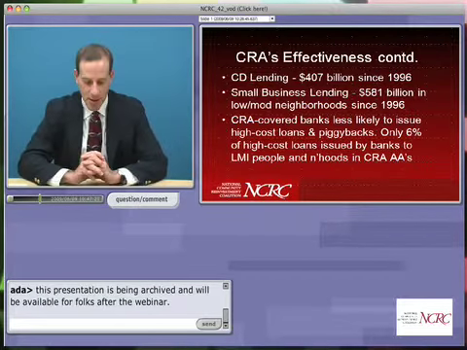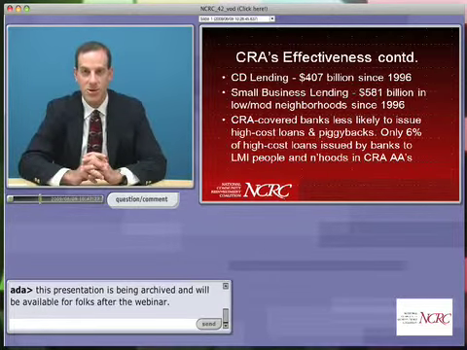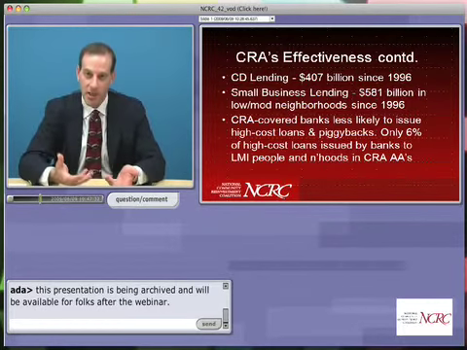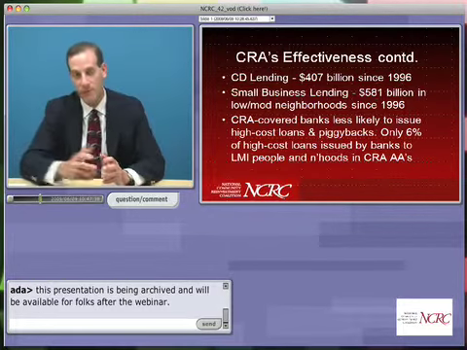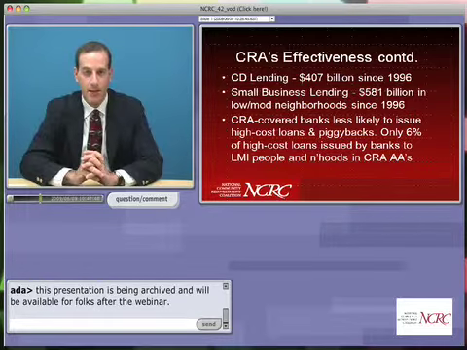That's great. So, just to give you a few more statistics. Since 1996, we're just going to talk about two types of lending: small business lending and community development lending. Community development lending could be anything from a construction loan for an affordable rental development to a loan to help finance a supermarket development.